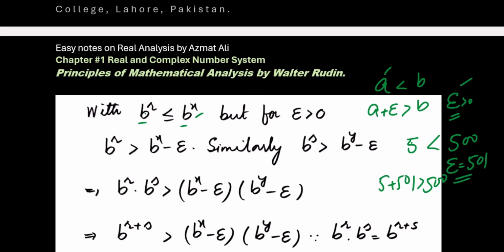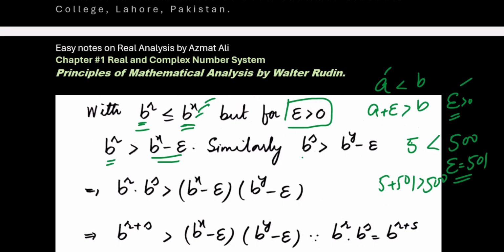So if b raised to power r is less than or equal to b raised to power x, I can find a positive real number epsilon such that whenever I add epsilon to the smaller side, or I can say that if I subtract this epsilon from the larger side, the smaller side becomes bigger. So if I subtract epsilon from the larger side, this becomes b raised to power x minus epsilon. This will become less than b raised to power r.